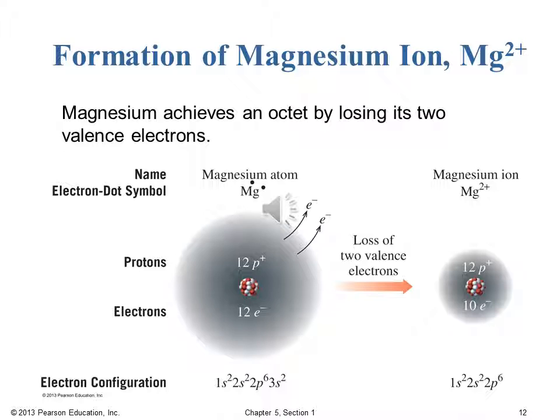And as you see with the electron configuration, we've gone down from the 1s2, 2s2, 2p6, 3s2 of the magnesium atom to now 1s2, 2s2, 2p6. Just like neon, we have that filled second principal energy level, 2s2, 2p6, and that's why we form a +2 ion to get to the stable state for the magnesium ion.